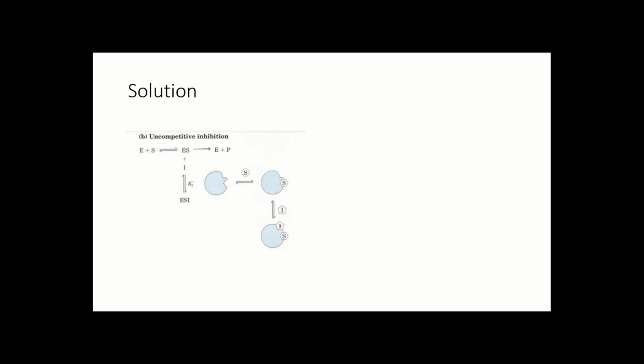So here the substrate and inhibitor are not sharing a common binding site. They have different binding sites, and from this ES complex, ultimately the enzyme will be released and the substrate will be converted to product P. So if we see the 1/V versus 1/S plot of uncompetitive inhibition, the equation is 1/V0 = Km/Vmax × 1/S + alpha'/Vmax, where alpha' = 1 + I/Ki.